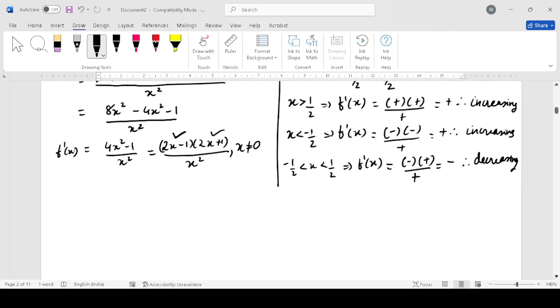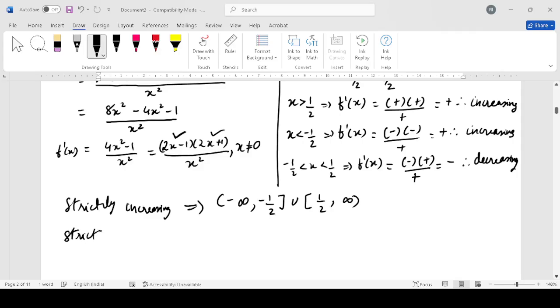Therefore the final result: the function is strictly increasing in the interval (-∞, -1/2) ∪ (1/2, ∞), and it is strictly decreasing in between -1/2 and 1/2 except at the point 0.